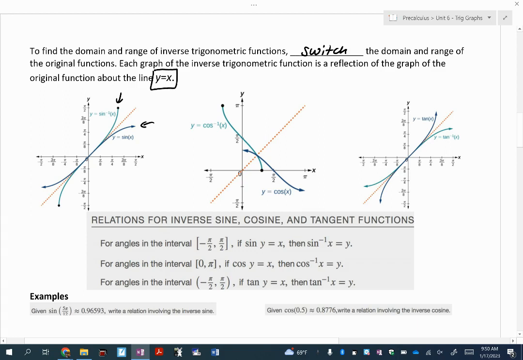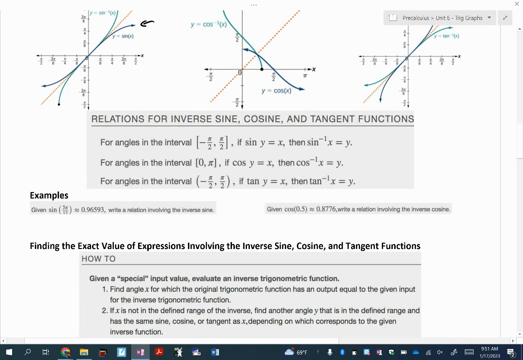You definitely talked about that in Algebra 2, and we hit on this again when we talked about exponential and logarithmic functions in the first semester. Those are inverses of each other, and they are reflections about the line y equals x. So here's cosine, and then there's tangent. These are the basics of what we'll be doing for these inverse trig functions.